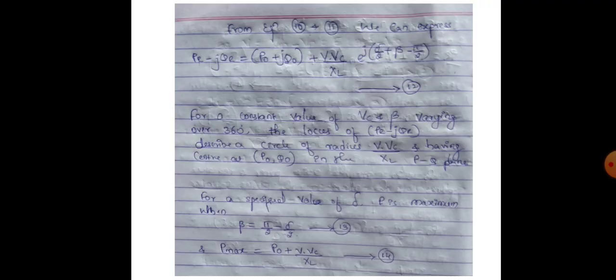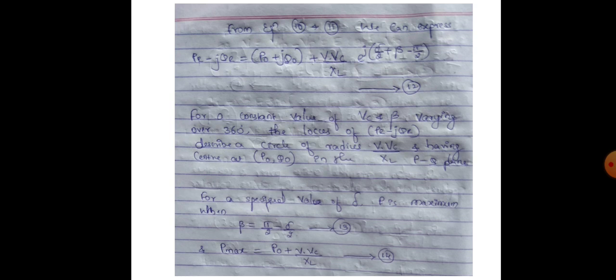From equation 10 and 11, we can express that active and reactive power PR minus jQR equal to P naught plus jQ naught plus V into Vc by XL into e raised to j into bracket delta by 2 plus beta minus pi by 2.